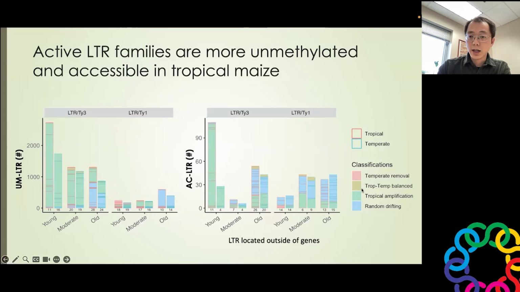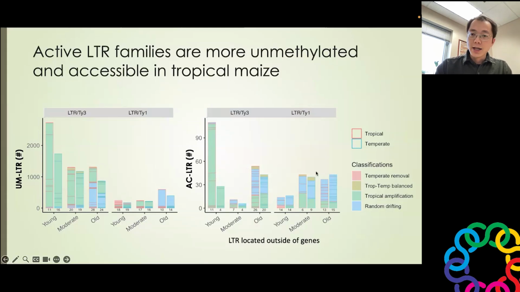And the colors here are the different dynamics. And I put them into 2 columns. I count them in tropical genomes on the left and temperate genomes on the right. So you can see the dominating color is green, which are tropical amplification families. That means these amplifying families have more UMRs and ACRs than other dynamics.